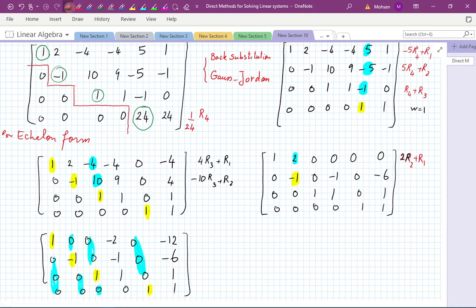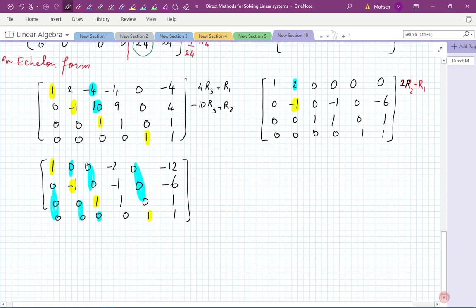Now we insist on one final thing to have a unique answer, which is the following. All of our pivots have to be exactly 1. Well, 3 of them by accident, they were just ones anyway. This is the only odd man out. We are going to convert that one also into a 1. So I'll have -R2.